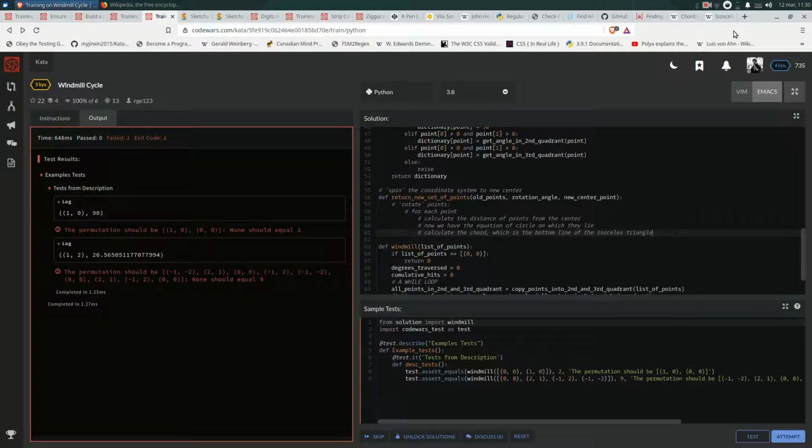So we say calculate the chord which is the bottom line of the isosceles triangle.